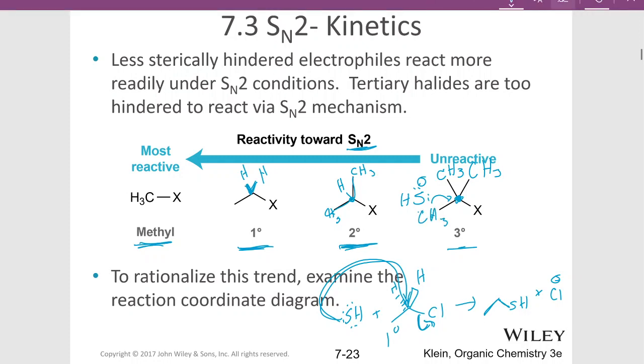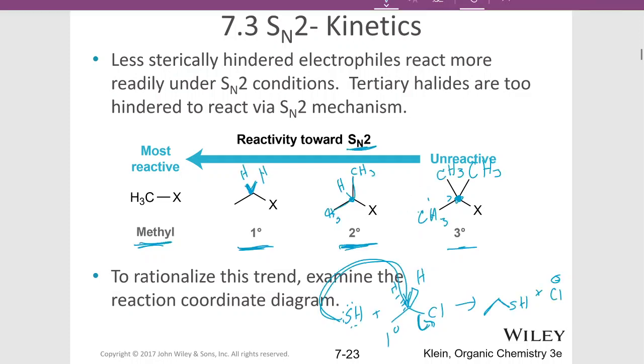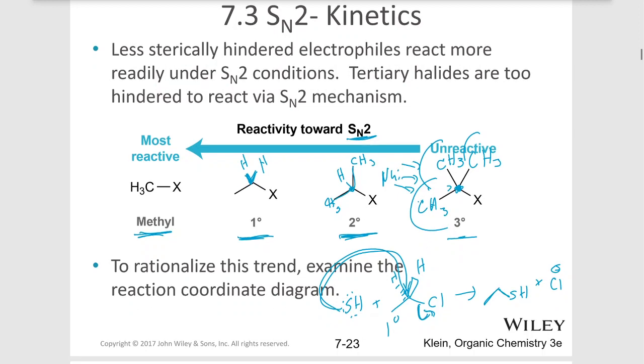So if you think about that, if we drew a space-filling model of this molecule, these methyl groups are blocking the entire backside from backside attack, and that's what we have to have. So when our nucleophile tries to attack, it can't get in. There's no way. It can't reach that alpha carbon. So that's why the tertiary alkyl halide is less reactive. In fact, it's essentially unreactive toward an SN2 reaction.